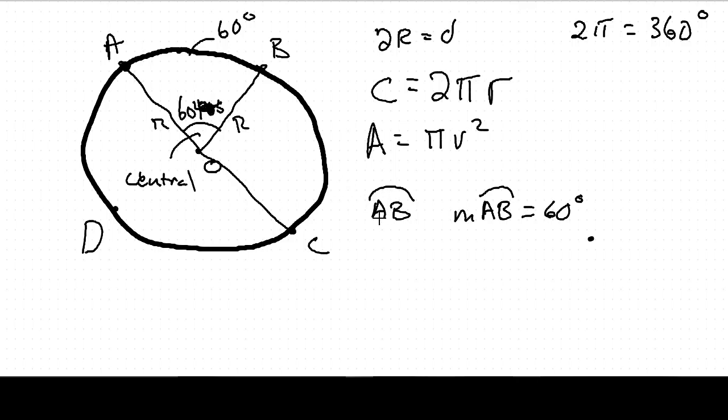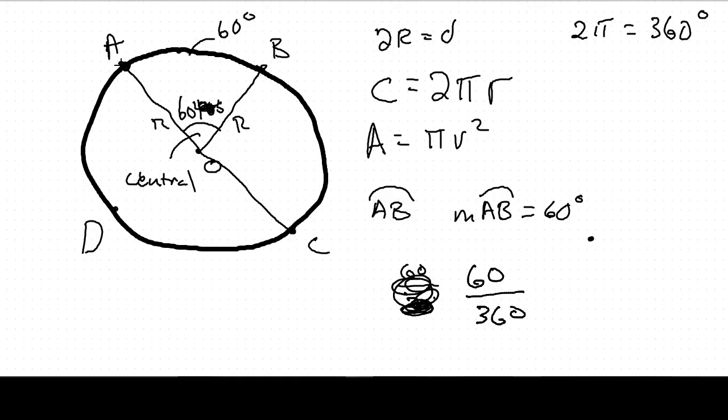If I want to find the arc length, then I need to figure out the fraction of the total, right? So if I'm only taking 60 degrees of this perimeter, so this is 360. So you would do 60 divided by 360.